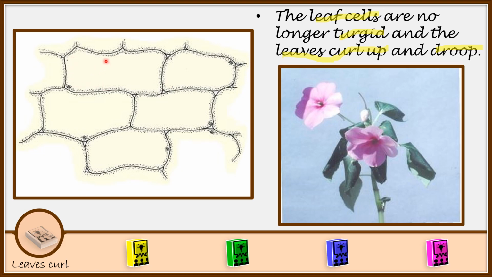They are not receiving a lot of pressure from the cell vacuole. So they lose their turgidity. And what is going to happen to the leaves? The leaves are going to curl up. They will fold and they will droop, meaning that they have lost a lot of water by osmosis and the cells are no longer turgid.